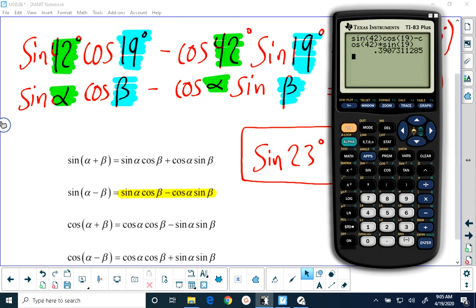And what the calculator returns is this number, 0.39073, and there's more decimals. On the other hand, we've said that according to this identity, this expression should be equal to sine of 23 degrees. And in fact, if we calculate the sine of 23 degrees, we get the exact same result.